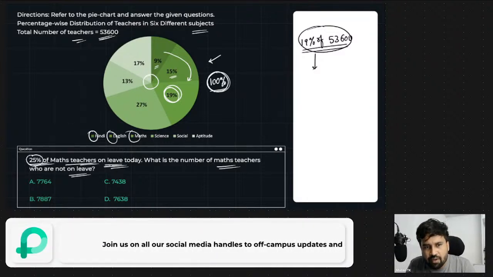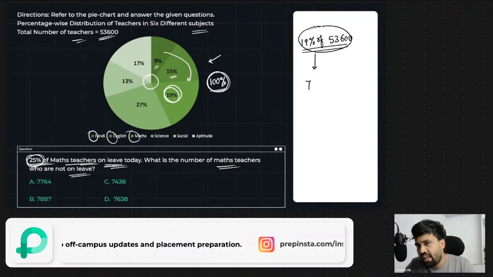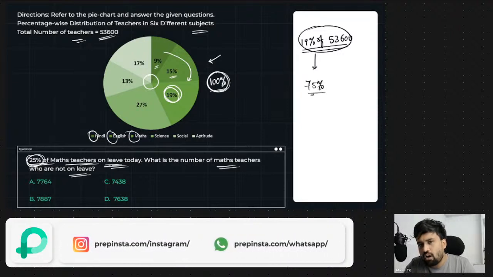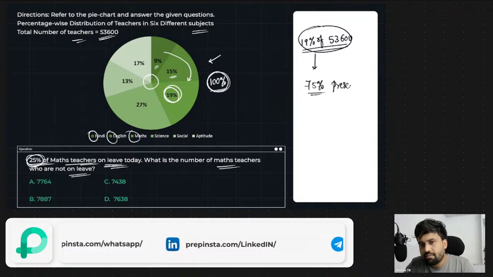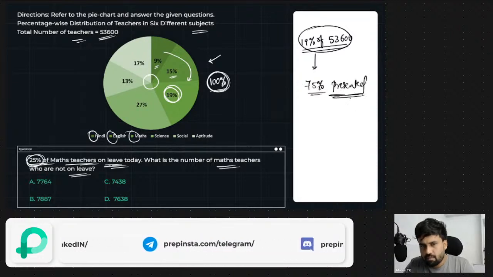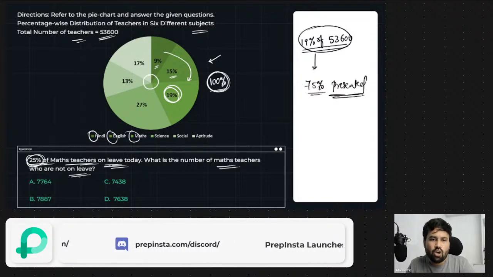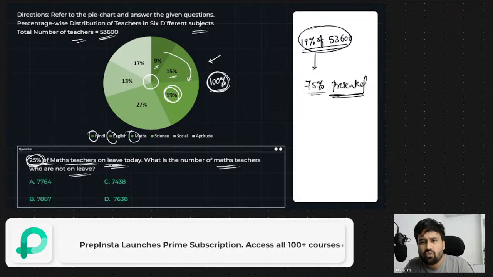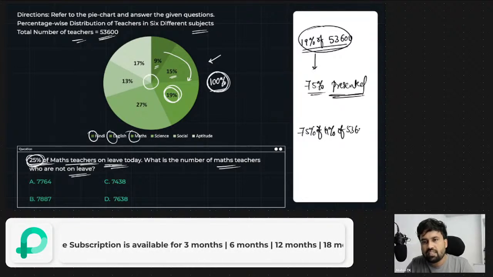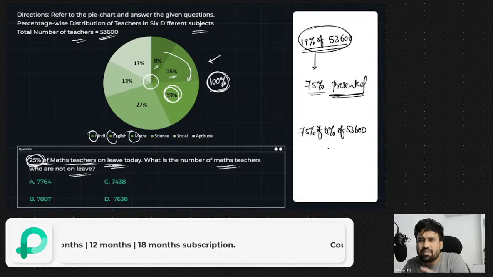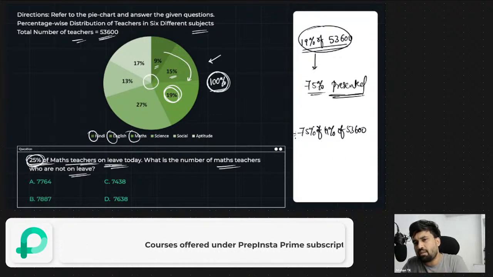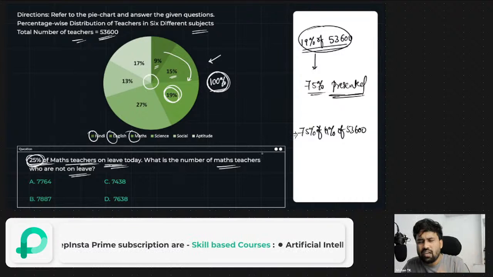So if 25% are on leave, can I say 75% are present? What is the total number of maths teachers who are not on leave, which is nothing but present, we have to find. So 75% of 19% of 53600. So it seems like an easy expression, but finding the answer is a little tough.